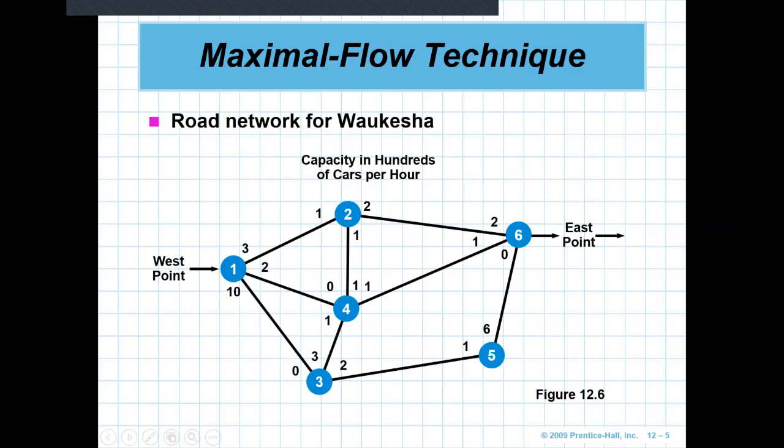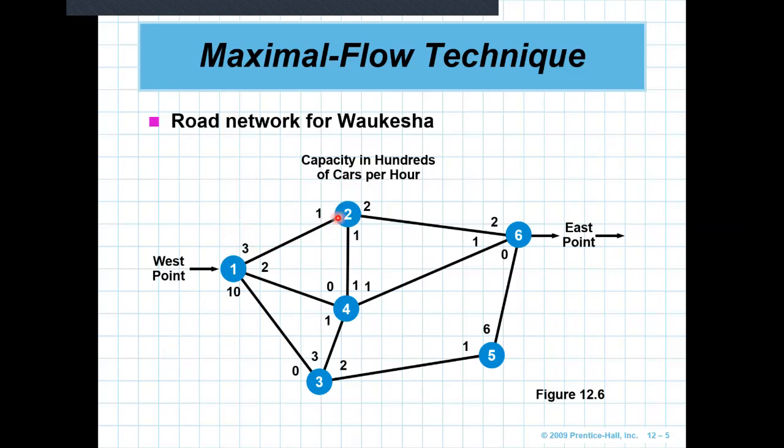For example, on this side from point 1 to point 2, the capacity is 3, meaning 300 cars per hour.